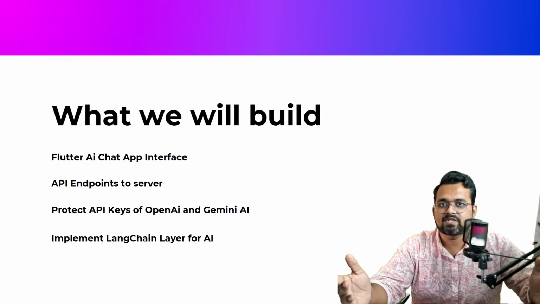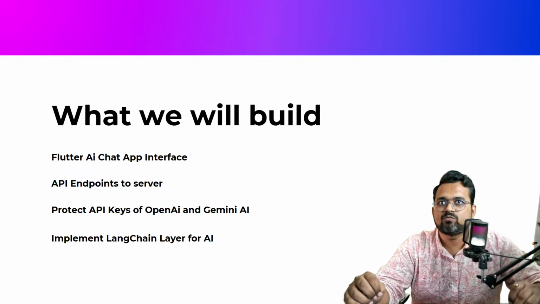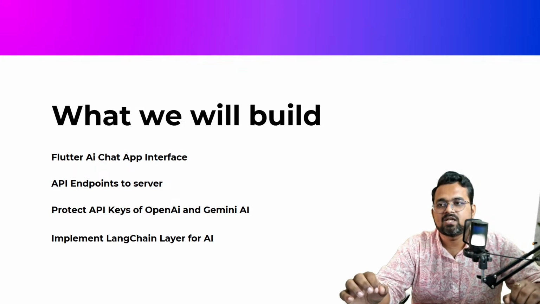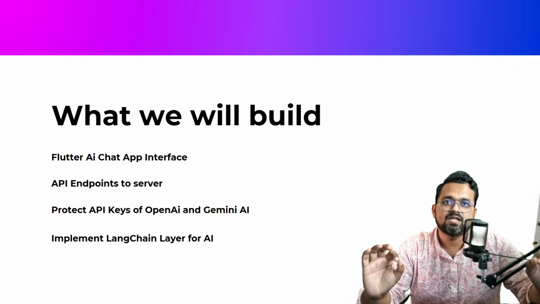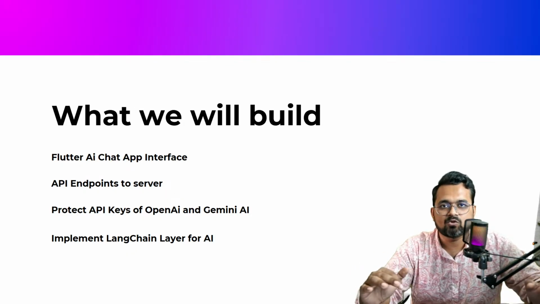Now, coding will start in the next 2 minutes. What are we going to build? We are going to make a Flutter AI chat interface, a simple Flutter application which is directly connected to an HTTP API where our API key is securely on the server, not on the front end, and we can interact with our model.